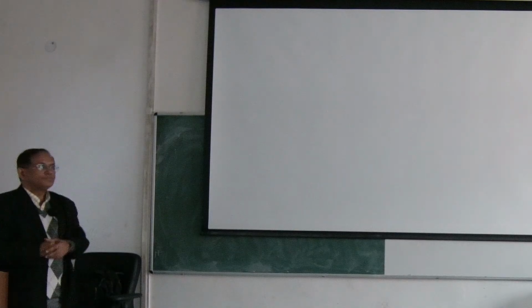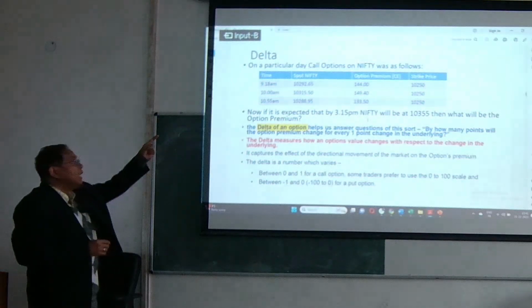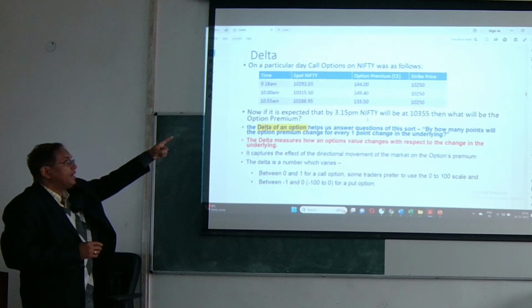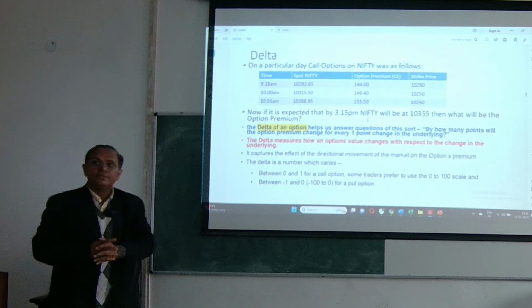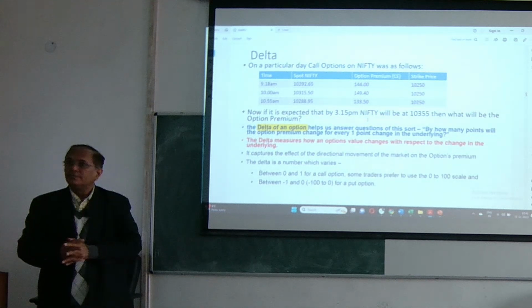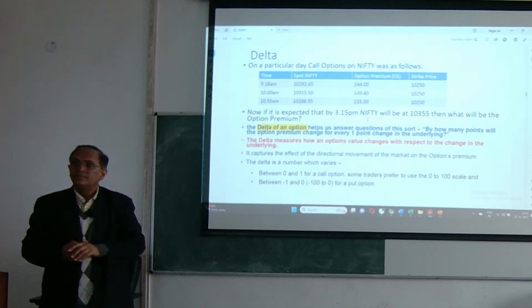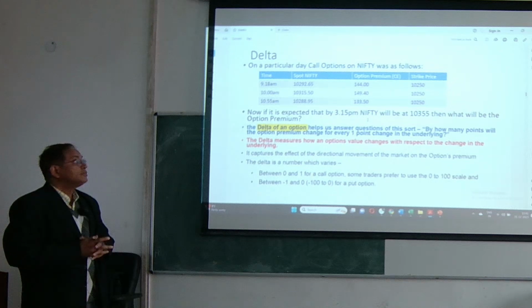Exactly the same way, you take the other one also. The next price change between the two: 10,288.95 minus 10,315.50. How much is the value?